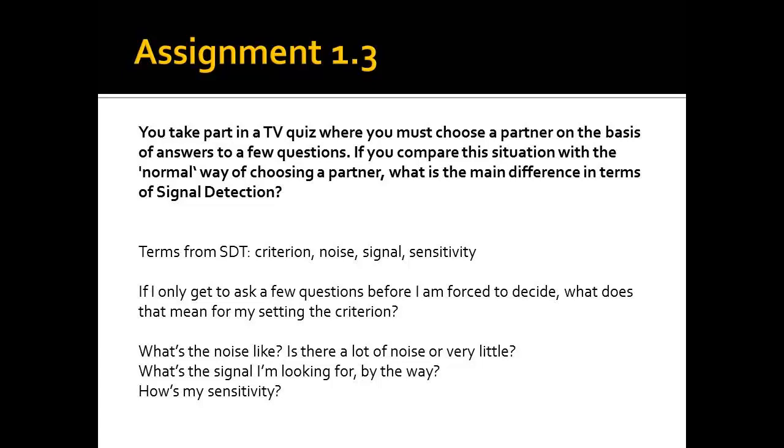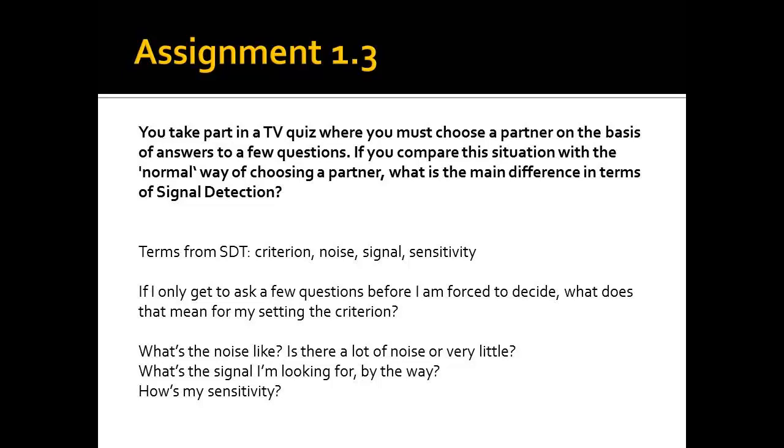So if I only get to ask a few questions before I'm forced to decide, what does that imply about setting my criterion and things like noise, signal, and sensitivity? Well, the signal I'm looking for is the potential partner's ability to compete with me on the game show, right?